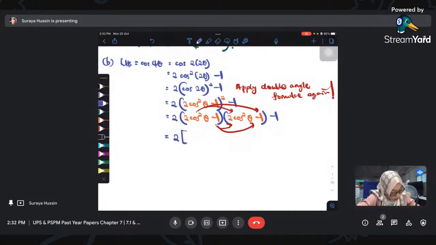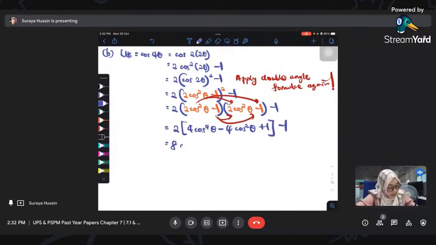So here you'll get what? You get 4 cos to the power 4 theta minus 4 cos squared theta plus 1. Okay. Yang ini saya tak perlu explain lah kan. And therefore you will eventually get 8.